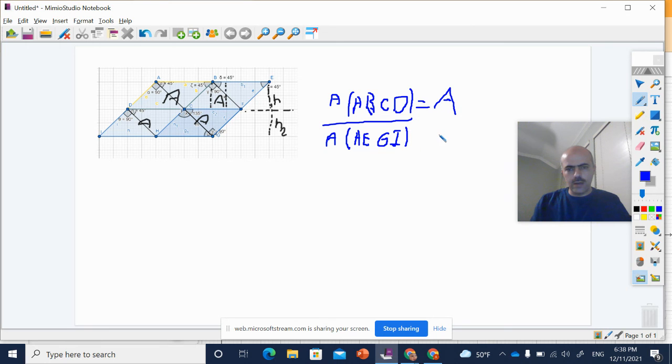This area is 4A, so together when we have the ratio, it is 4 times.